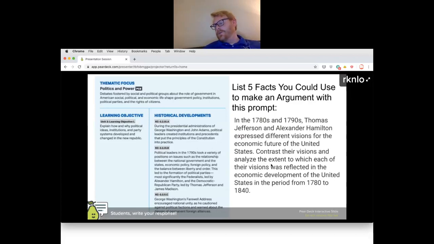George Washington was not part of a party, but he tended to side with Alexander Hamilton on a lot of ideas. And Hamilton will become the founder of the first political party in the United States, and that is the Federalist Party. The Federalist Party will be opposed by Thomas Jefferson's Democratic Republicans, also known as Jeffersonian Republicans. You'll see it both ways.